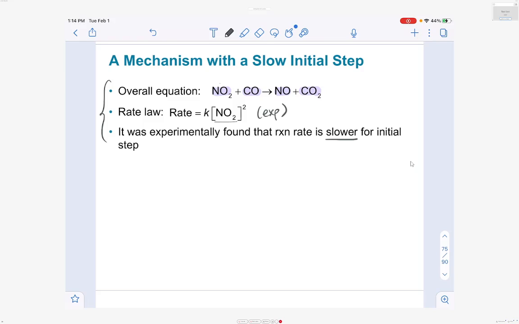So this is a journey to find a plausible mechanism for step one and step two, when we don't know the exact step one and step two reaction mechanism.